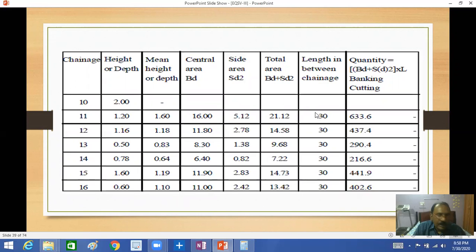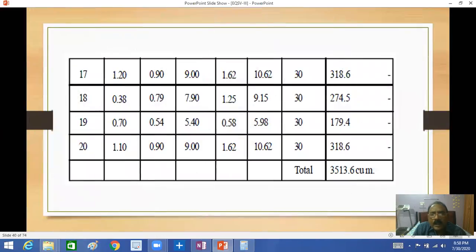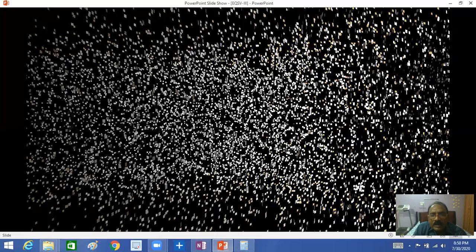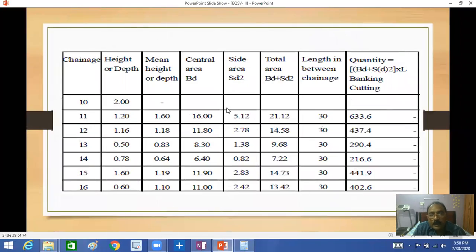You get the quantity, calculate similarly up to the 20th chainage, and add the total quantities to get the total earthwork. This is the way to solve it even if gradients are given; there may also be upward gradients. In this way you have to solve the problem. Thank you all.